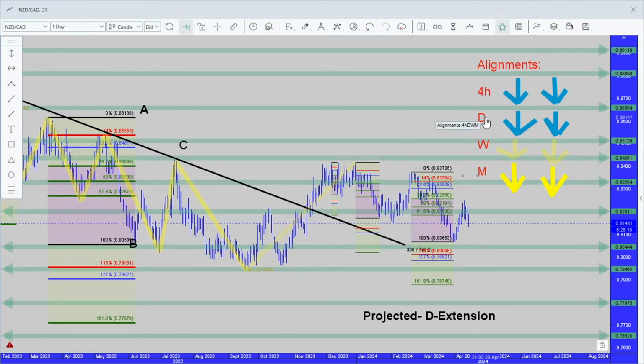On the daily chart, the original Fibonacci and the confirmation Fibonacci are going down. On the weekly chart, the same. And on the monthly chart, the original Fibonacci and the confirmation are going down.